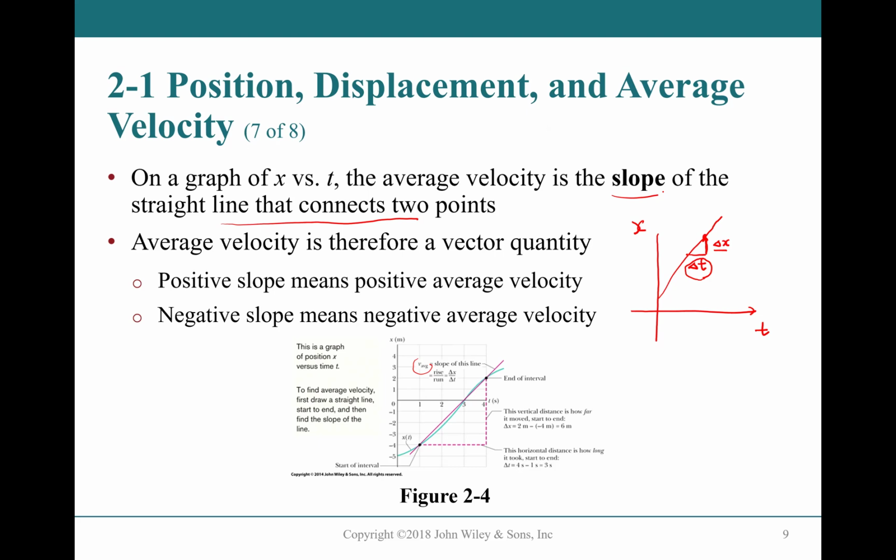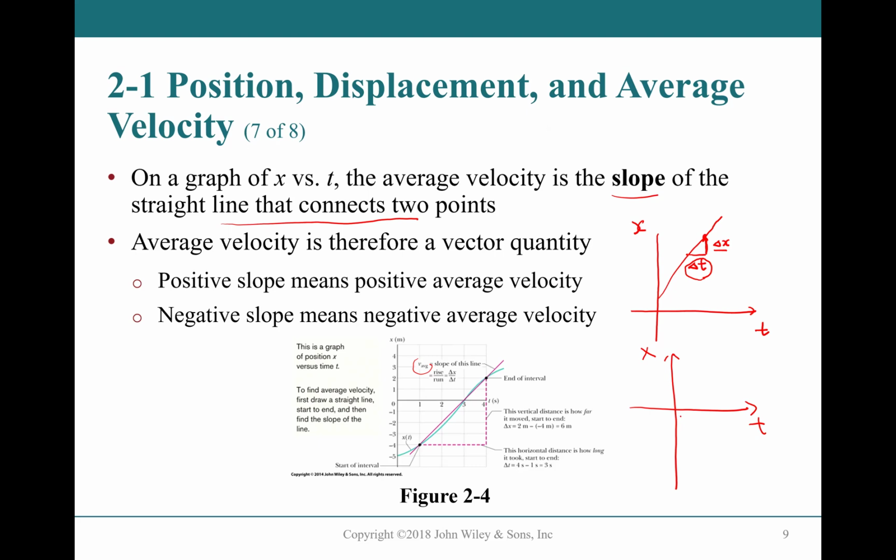And here, average velocity is also a vector quantity. Positive slope means positive average velocity, and negative slope means negative average velocity. So we have this kind of picture. X increases with time.